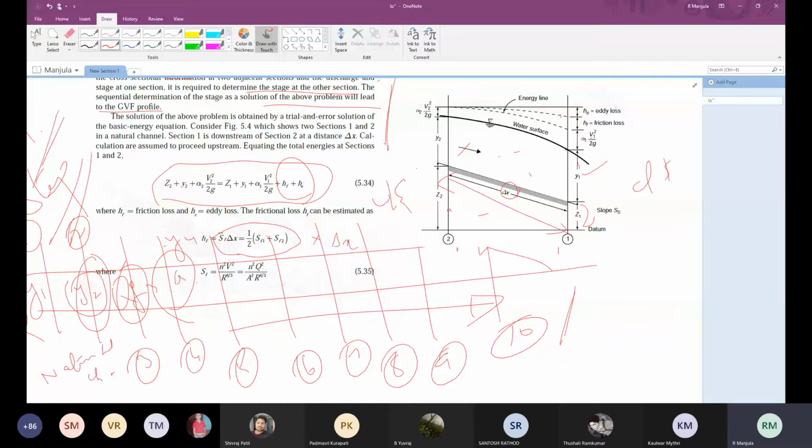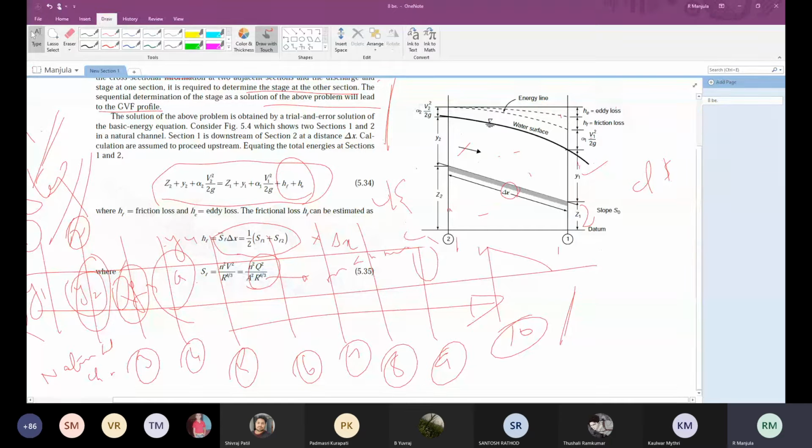friction loss. And SF, obviously by using Manning's equation, is n square V square by R power 4 by 3, or n square Q square divided by A square R raised to 4 by 3, which you already know.